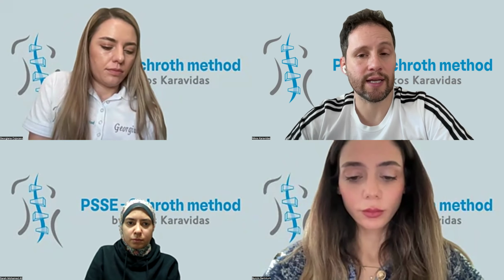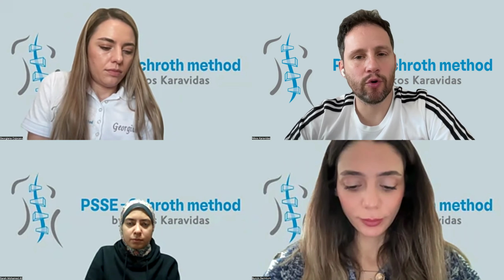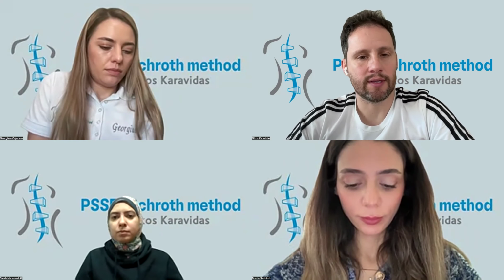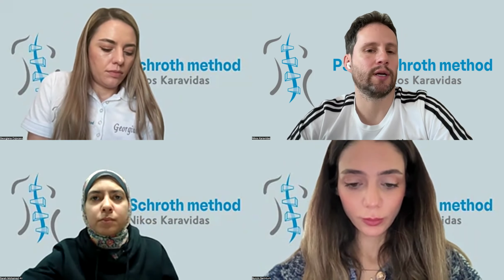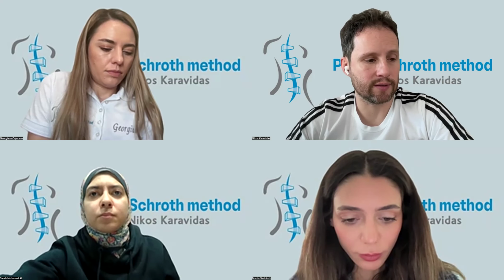There is another question from Rim on Zoom. How long does it take to have significant aesthetic improvement? This is not something that you can predefine. First of all, we need to understand that the main aim is always to avoid progression. If you avoid progression in an otherwise potentially progressive scoliosis, you already have a good result.